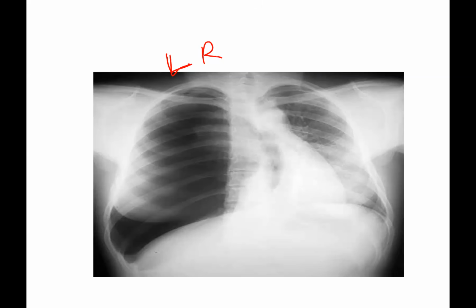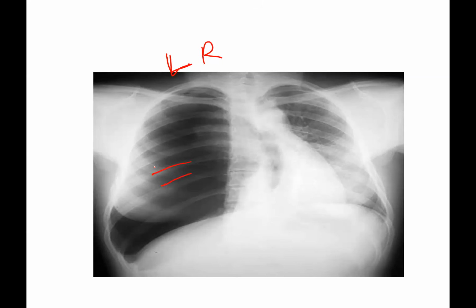Right-sided tension pneumothorax. What are your reasons? So there is absence of lung markings. The intercostal space is wide, but not really noticeable, but it's there.